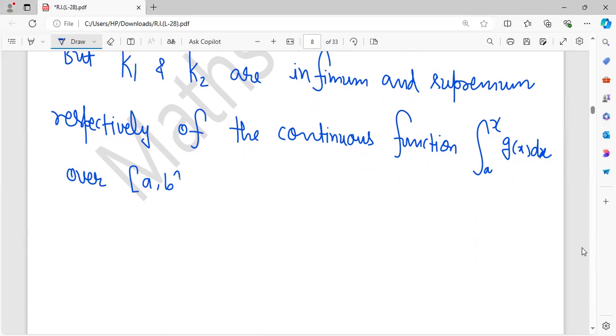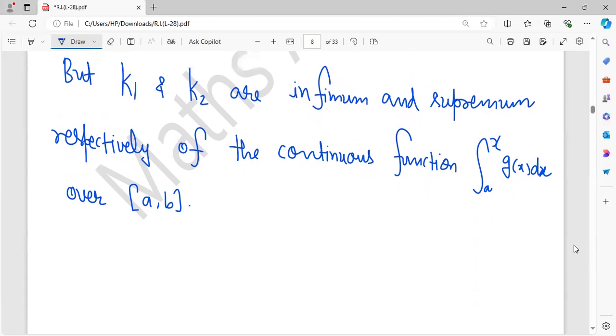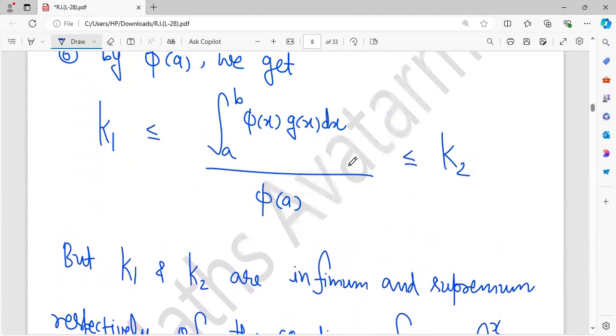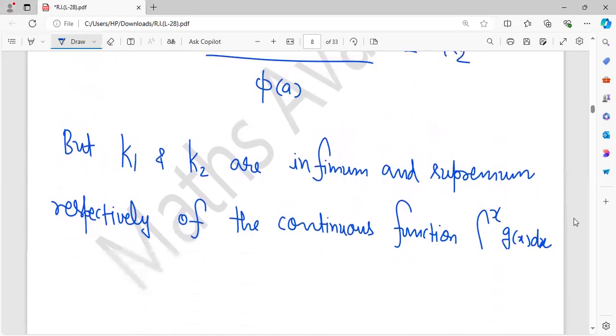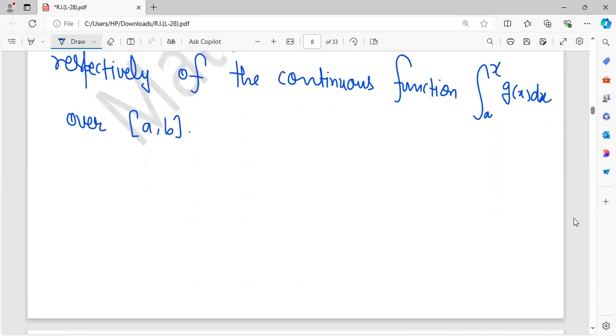So K_1 and K_2 are the infimum and supremum of a continuous function, and this value, the integral upon phi(a), is in between K_1 and K_2 by the intermediate value theorem.